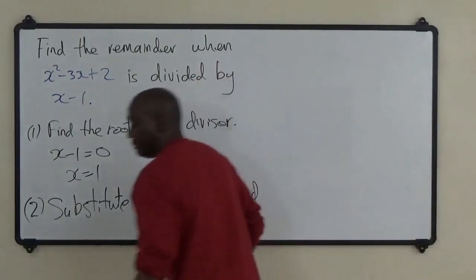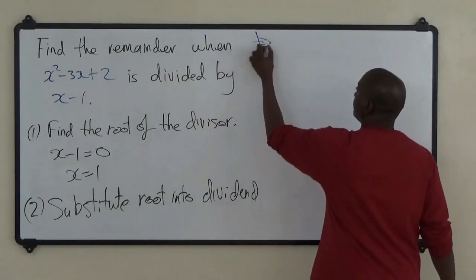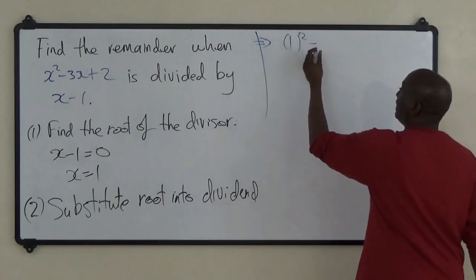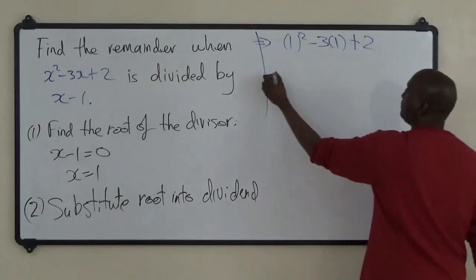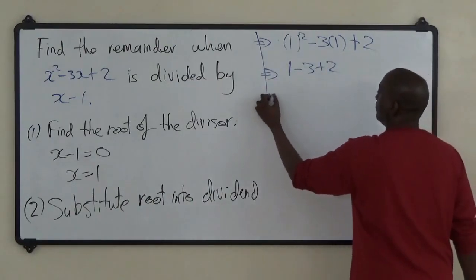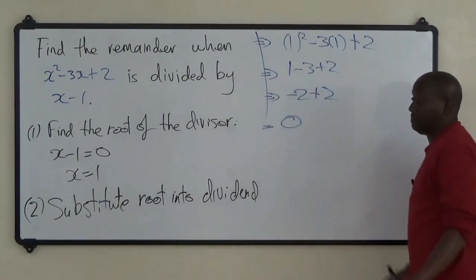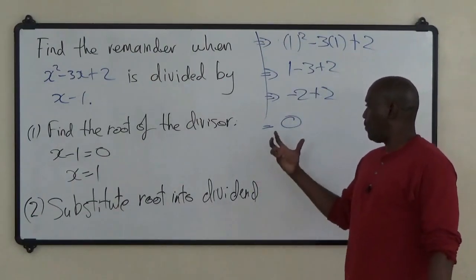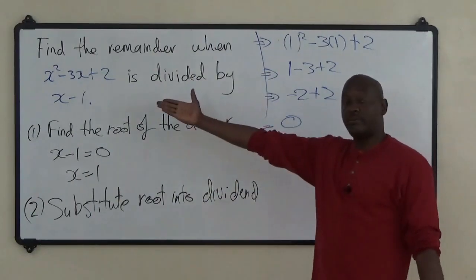So x will be 1 squared minus 3 by 1 plus 2, which would be 1 minus 3 plus 2, which would be minus 2 plus 2, which will be equal to 0. And that's it. We find the remainder and we realize that the remainder is 0.